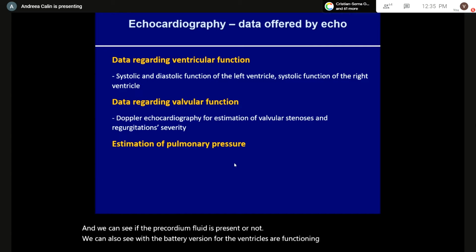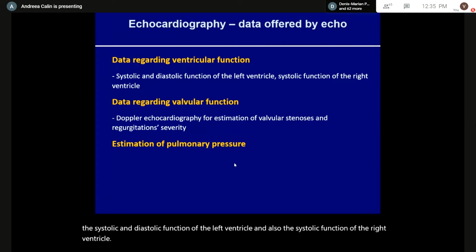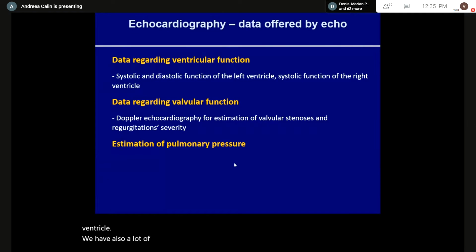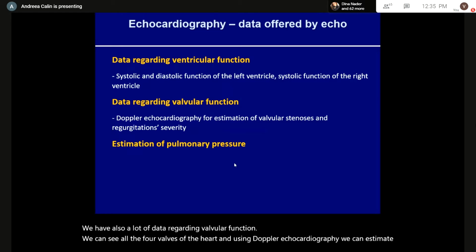We can estimate the systolic and diastolic function of the left ventricle and also the systolic function of the right ventricle. We have also a lot of data regarding valvular function. We can see all the four valves of the heart, and using Doppler echocardiography, we can estimate valvular stenosis and regurgitations.